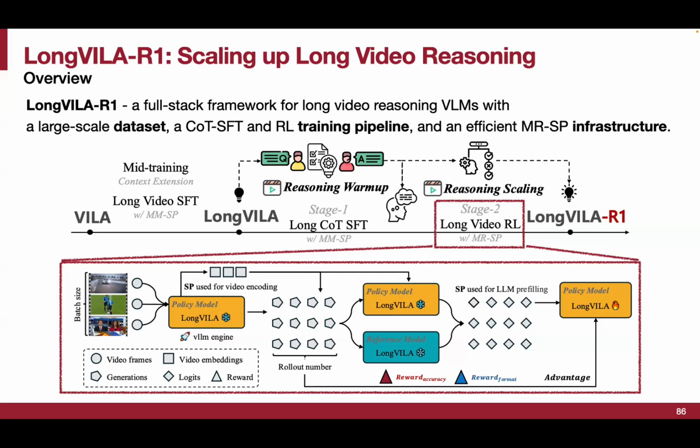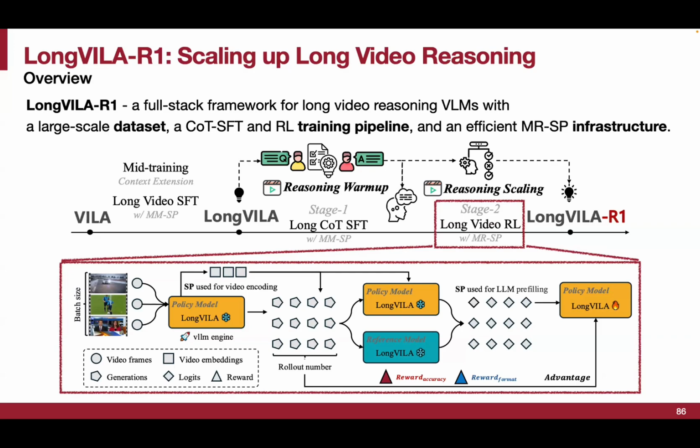So you want to give it a lot of hand-holding to do SFT to enable the CoT capability. And then we do the long video RL, using the multimodal reasoning sequence parallel, to scale up the reasoning. This part is further expanded on the bottom.